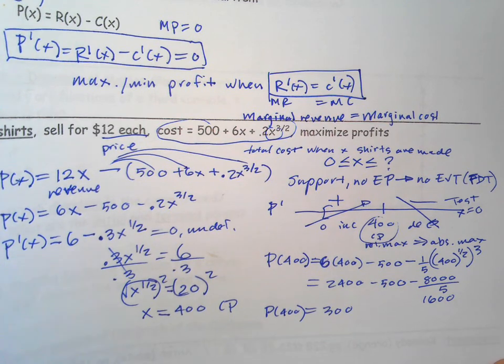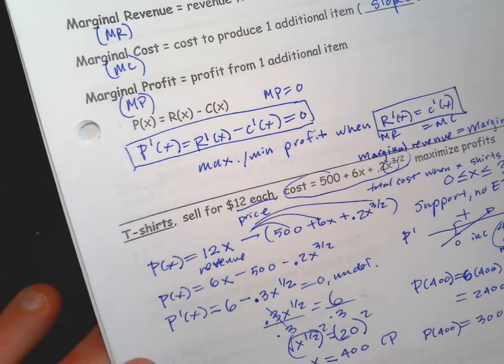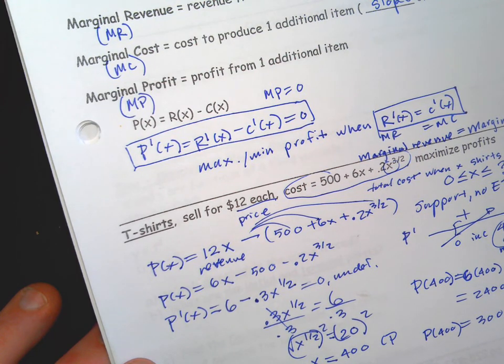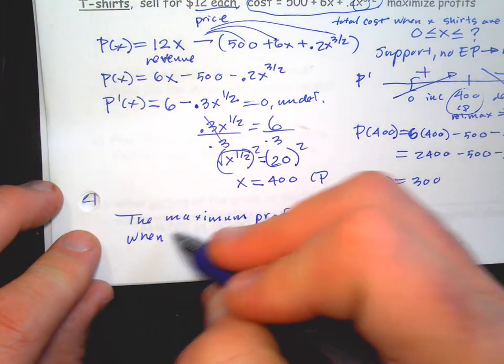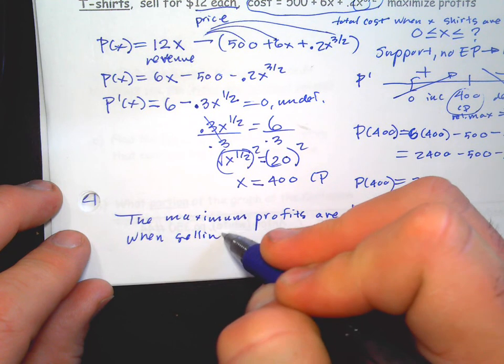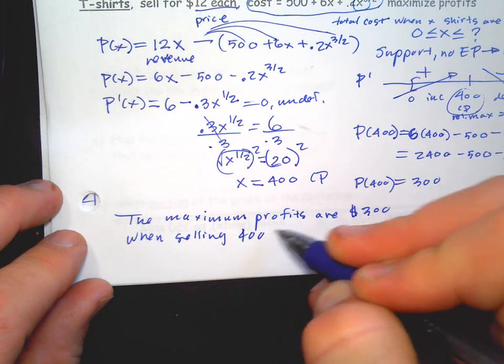So we could say the maximum profit is $300 when selling 400 t-shirts.